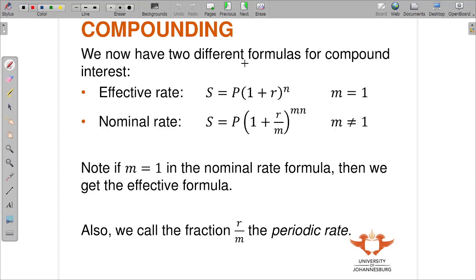So our formula that we have in equation 1 and 2 can now change. Equation 2, this is our equation 2 before. Now we can have another one we call formula 2b that takes into consideration our m, which is the compounding frequency.